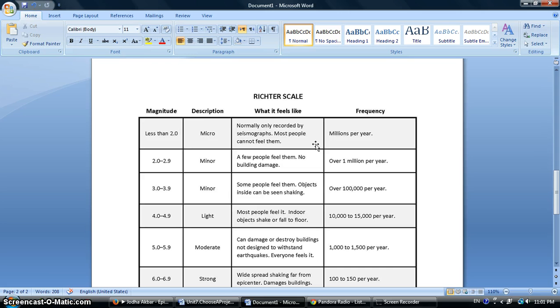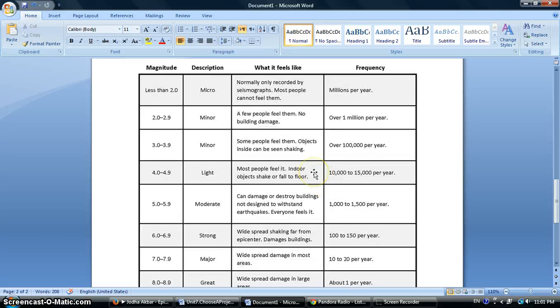And here are the scales. Less than 2.0 to 3.9 would be considered minor, since only a few people can feel them and they don't cause that much damage. 4.0 to 4.9 would be light, since most people feel it and it shakes or things fall to the floor. 5 to 5.9 is moderate, since it has a lot of damage.